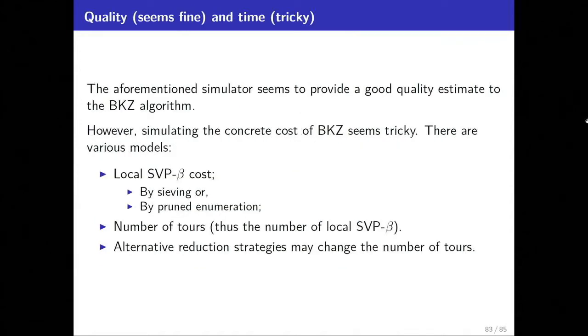Okay, the quality I mentioned, we seem to be at a stage where we can estimate the quality of a BKZ reduced basis. However, the time estimate seems to be much trickier, where in order to estimate the time, we have to estimate the running time for a single SVP beta times the number of tours.